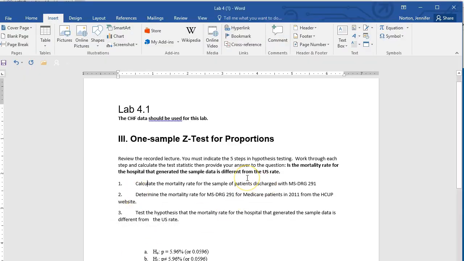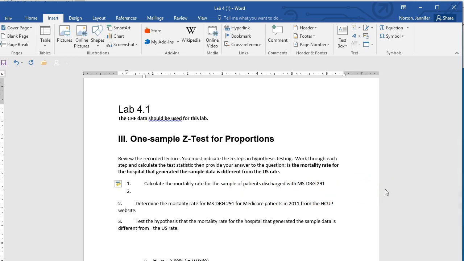Your instructions say, calculate the mortality rate for the sample of patients discharged with MS-DRG 291. So we just did this. So number one, the answer to this is going to be 9.70% or 0.0970.